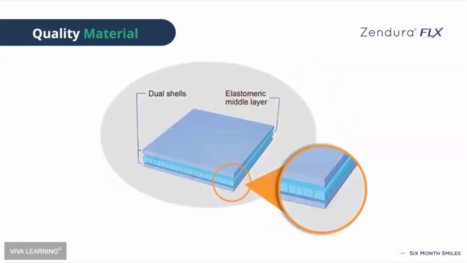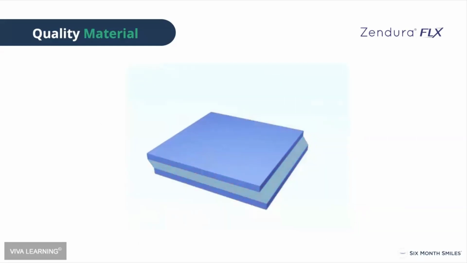So one of the characteristics of this material, and the reason why it's so comfortable and flexible, is because it's made of 2 external dual shells and 1 middle elastomeric layer that makes everything a little bit more flexible, as well as having the outside rigidity.